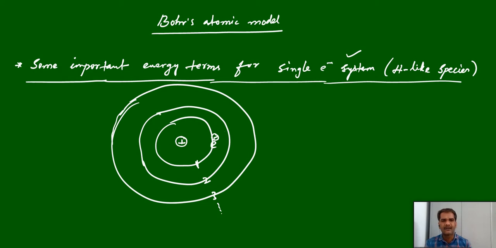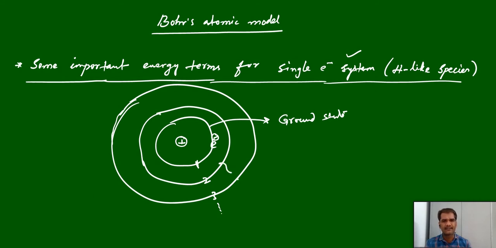In a single electronic system, if the electron is present in the first shell, that energy state is called the ground state. That is the first state of the electron. After that we have the second shell, third, fourth, fifth, up to infinity.